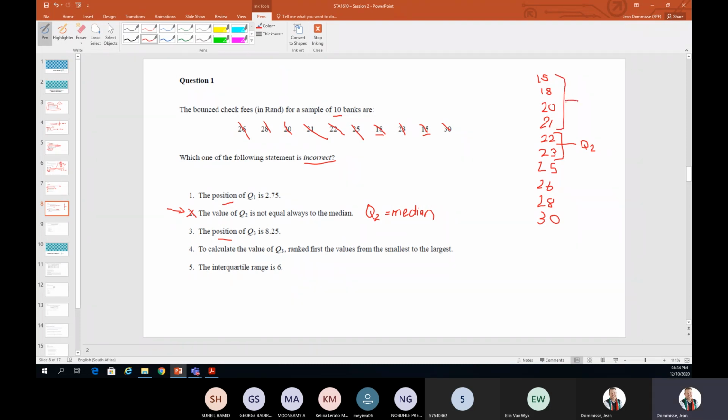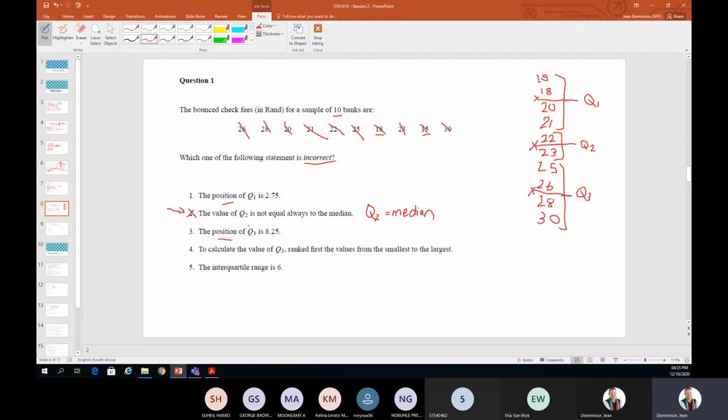Between those 4, you have your Q1, and between those 4, you have your Q3. For me it's always easier to do it this way, because then you can nearly say that is where it will be.